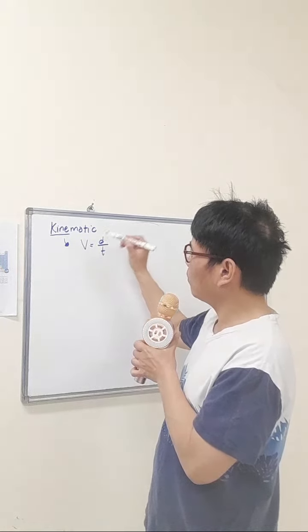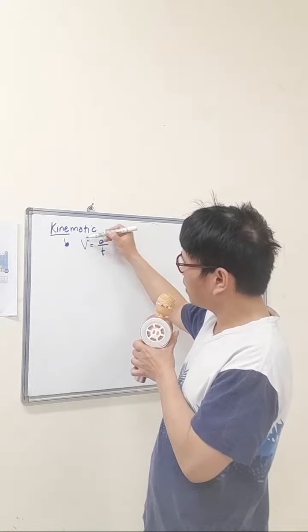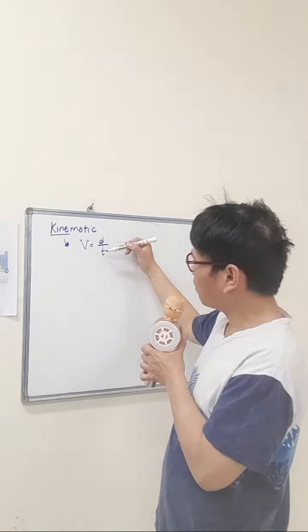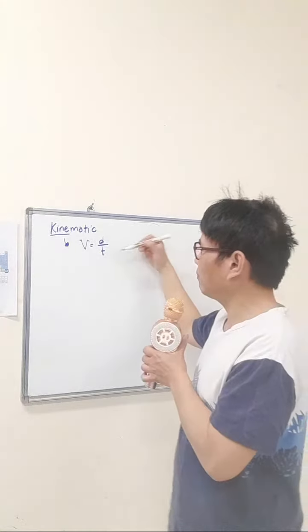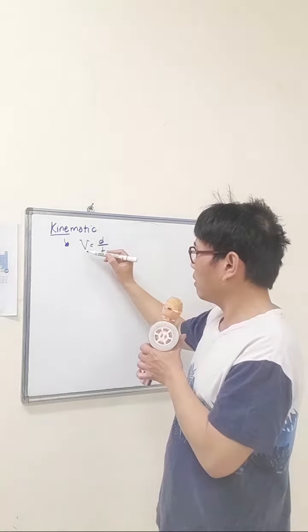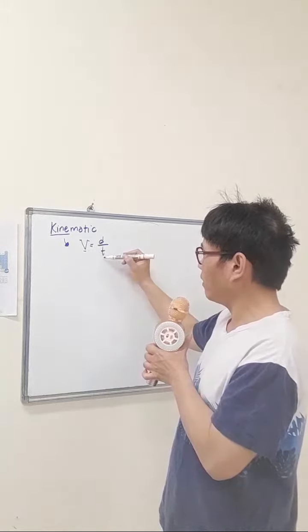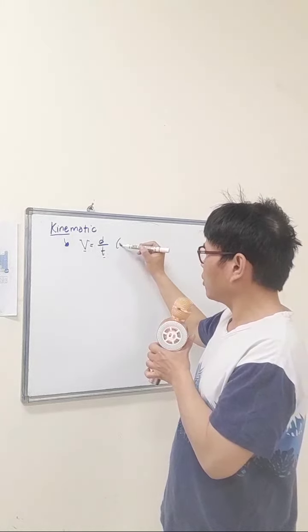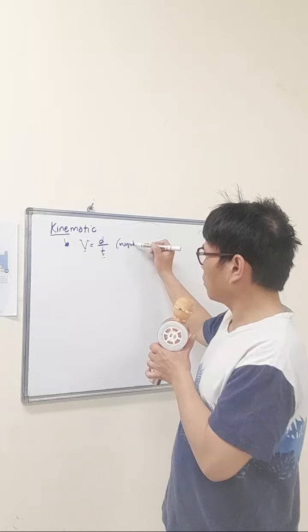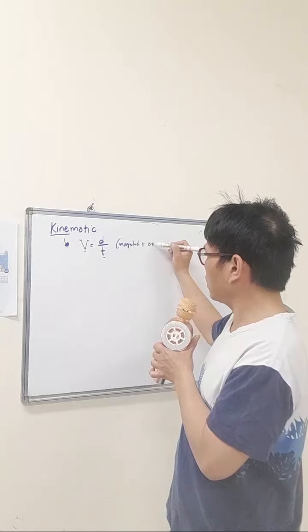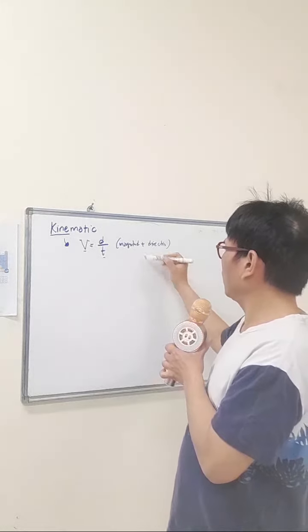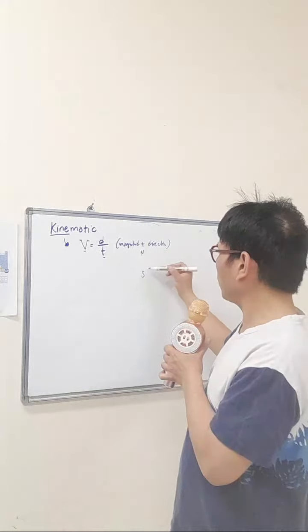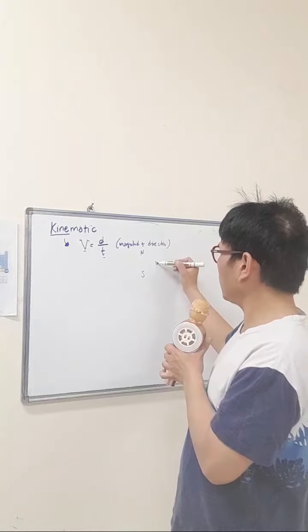Let's put V, because there are two speeds, right? The scalar speed and the vector speed. So this is the vector speed, meaning vector quantity. So this is going to be magnitude plus direction. So like this: north, south, east, west.